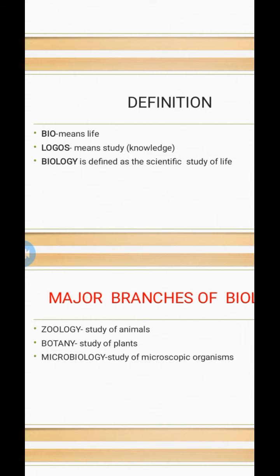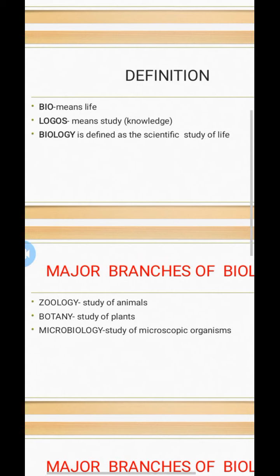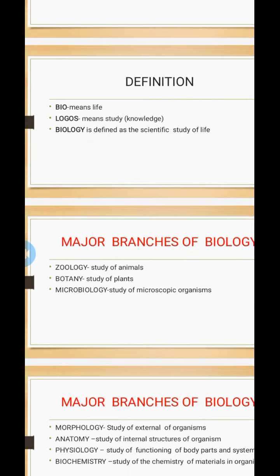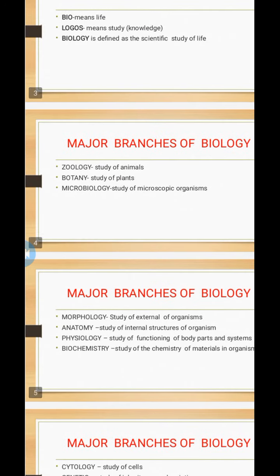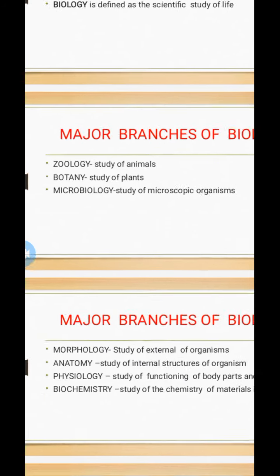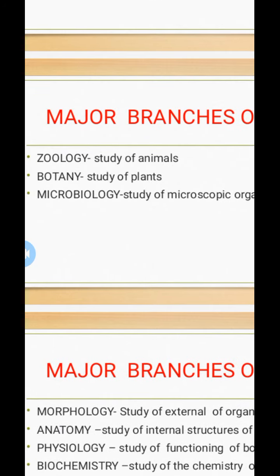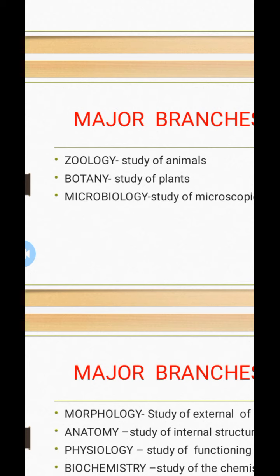So let us look at the major branches of biology. What are the branches of biology that we need to know? Number one, we have zoology. This is the study of animals. From the word zoo, then we have logy, which is a study. So zoo, we talk about animals in the zoo.